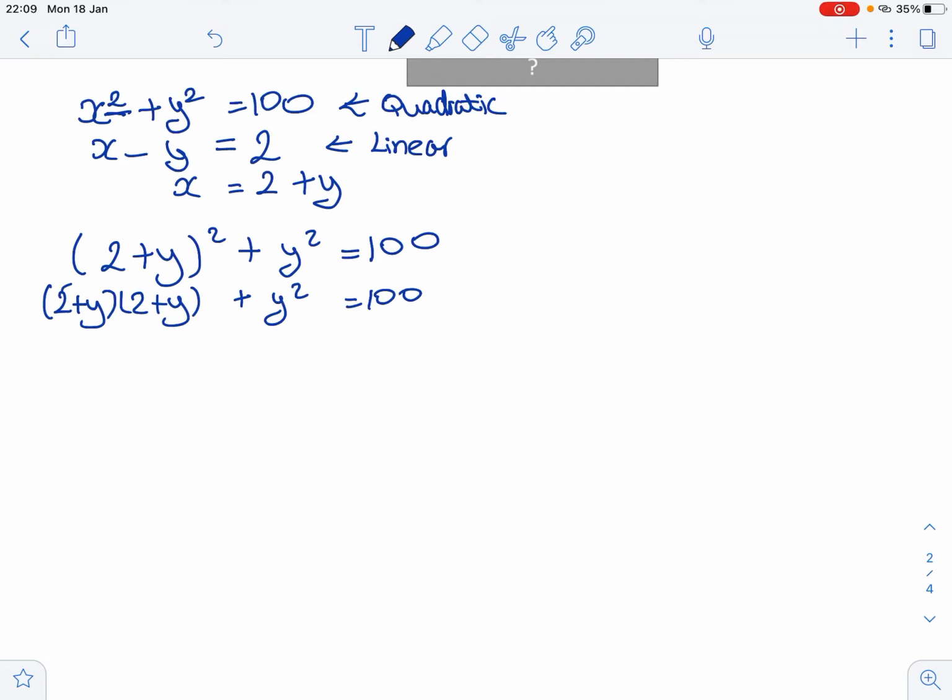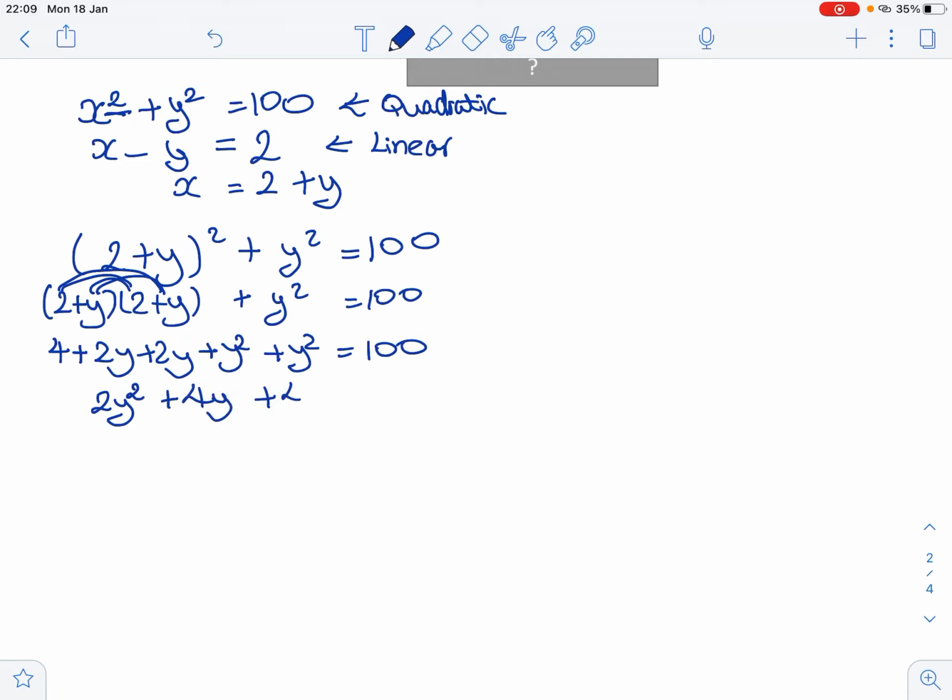Expand the bracket: 2 times 2 is 4, 2 times y is plus 2y, y times 2 is plus 2y, and y times y is plus y squared. Then plus y squared equals 100. Simplify this: 2y squared plus 4y plus 4 equals 100.